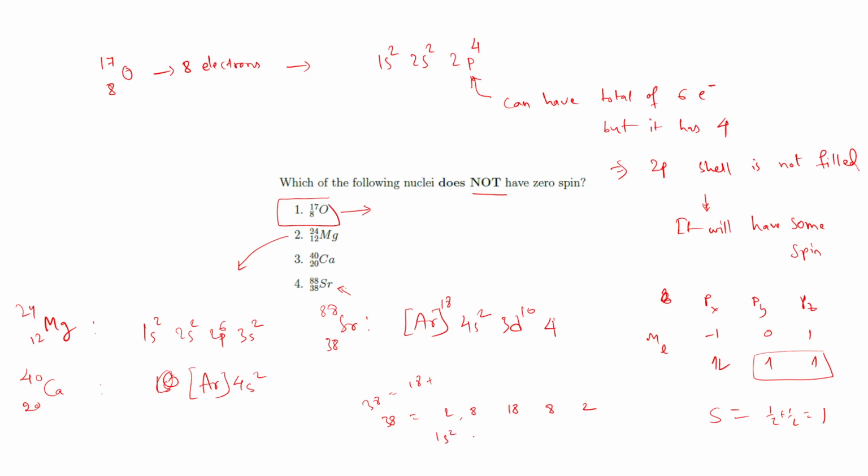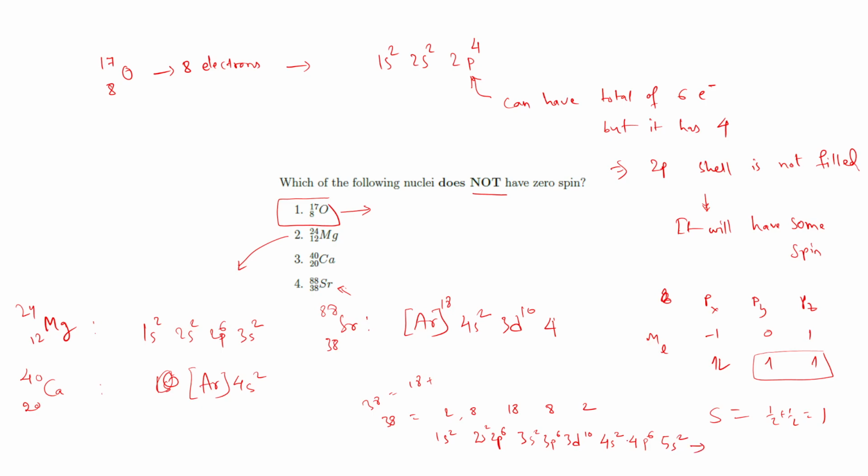So it is 1s2, the second shell 2s2, 2p6, and then 3s2, 3p6, 3d10, and then 4s2, 4p6, and 5s2.